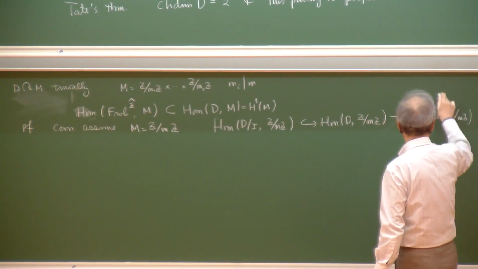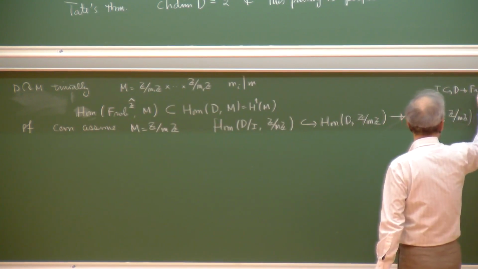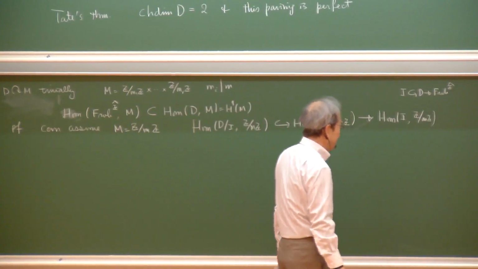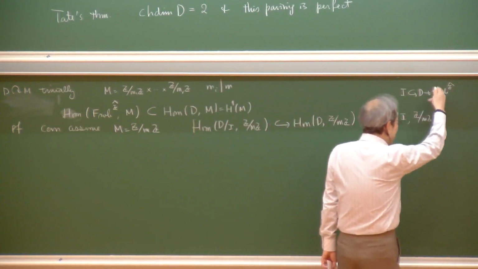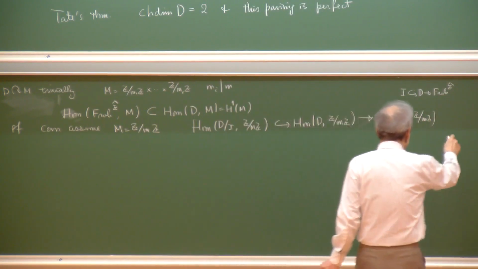The exact sequence: I goes into D, which goes down to Z hat. Once abelianized, this is a free module over Z hat, so it's split. So this is exact.